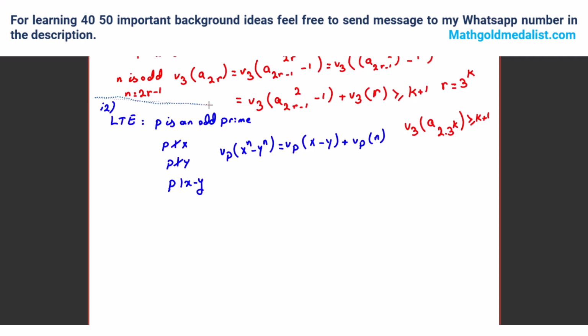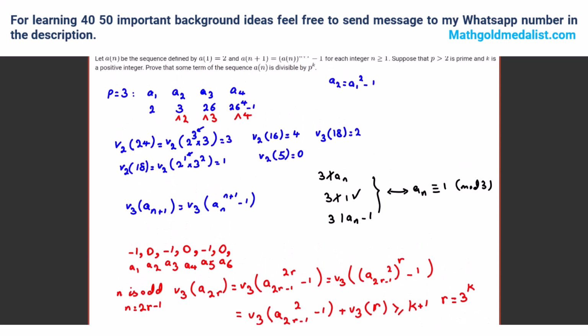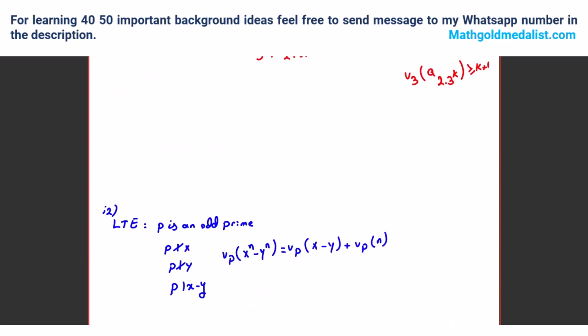Now let's check another number. Here we can try to generalize it, but let's also check 5 to see what we can say for 5. Again, if we consider our numbers, the first number is 2.